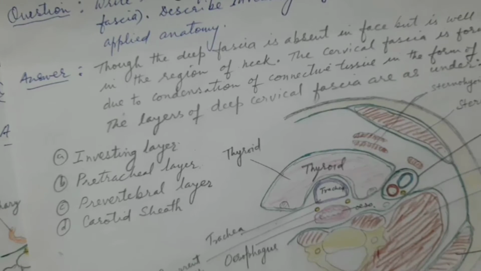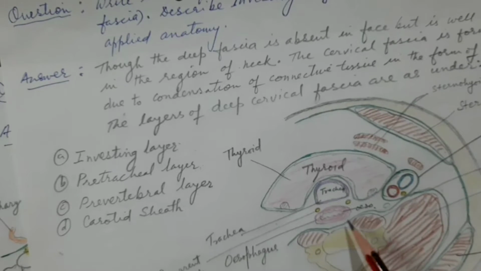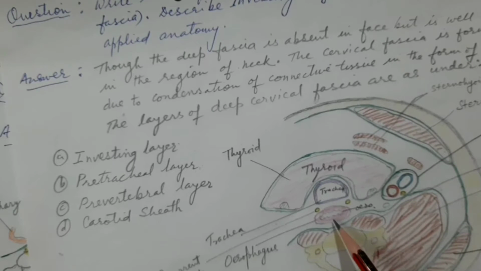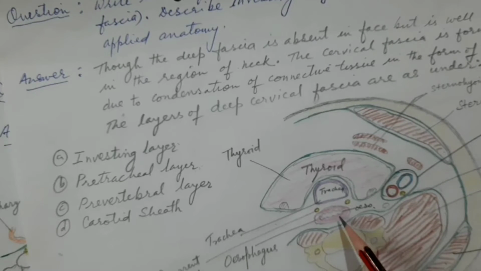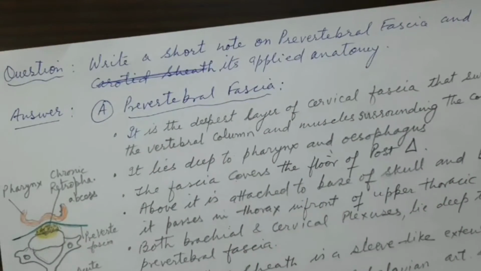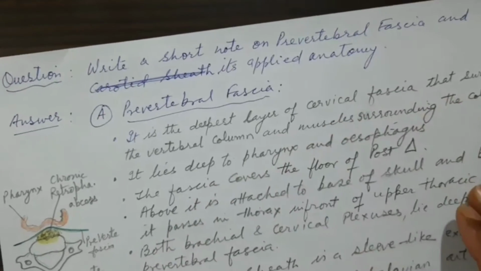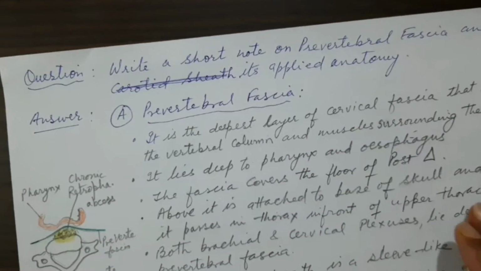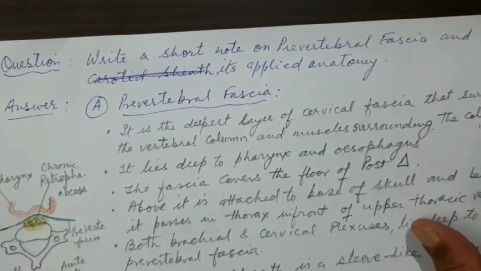But if you go to a higher level, then this esophagus is continuous with the pharynx, first the laryngopharynx, then the oropharynx, and like that it ascends up. So this fascia lies deep to the pharynx and the esophagus.